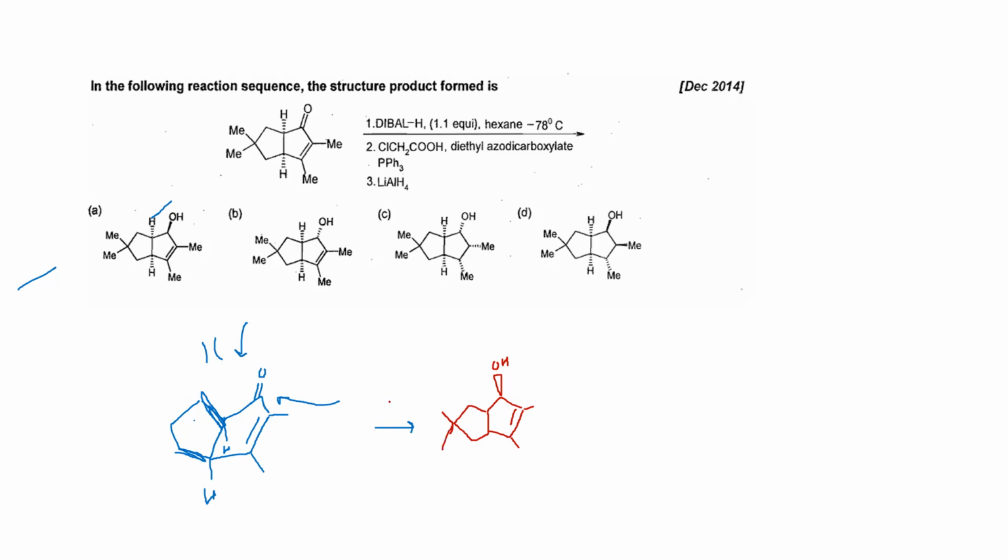The next, this is after step 1. Next, they have added chloroacetic acid, alpha chloroacetic acid. So what will happen if we add alpha chloroacetic acid? This will attack this acid group and form an ester.